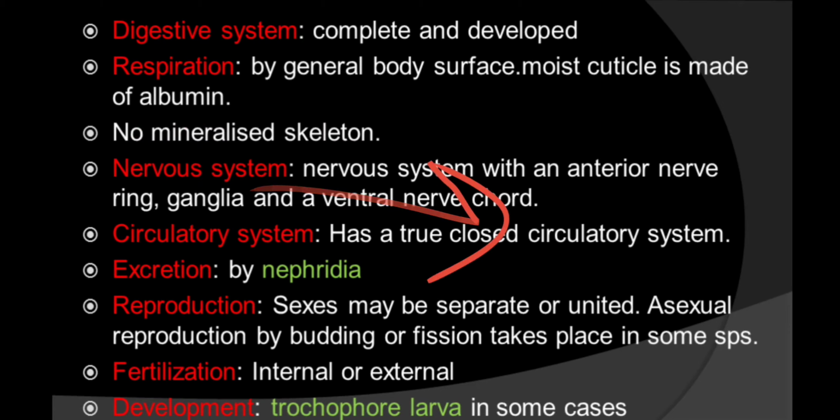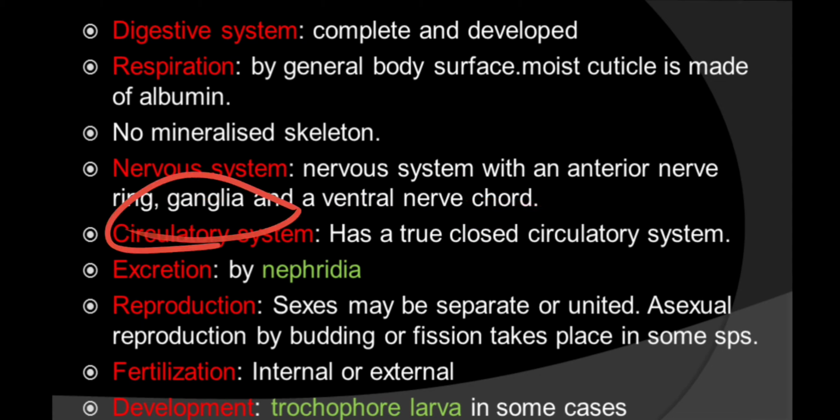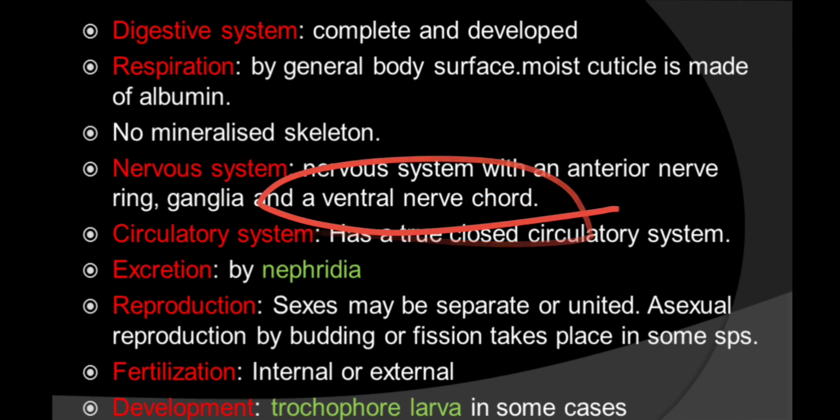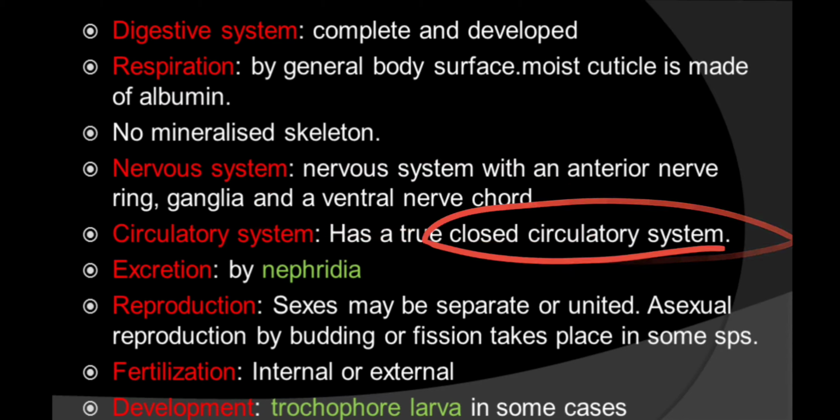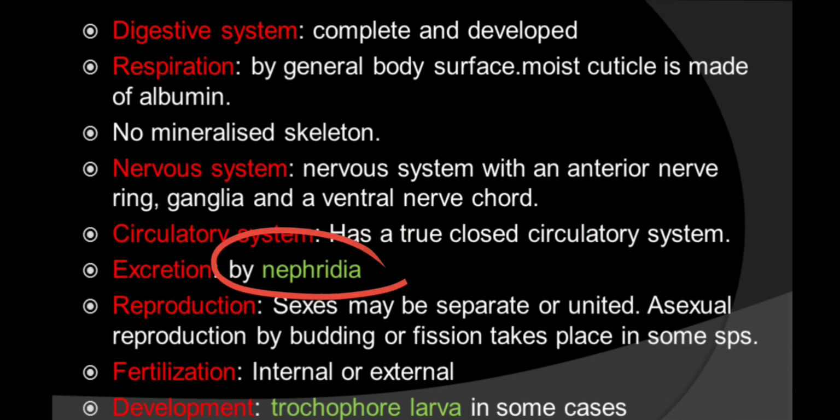Then they have a nervous system with an anterior nerve ring, ganglia and a ventral nerve cord. Circulatory system is a true closed circulatory system. Excretion is by nephridia. Nephridia are coiled structures, so they open outside the body through a pore.